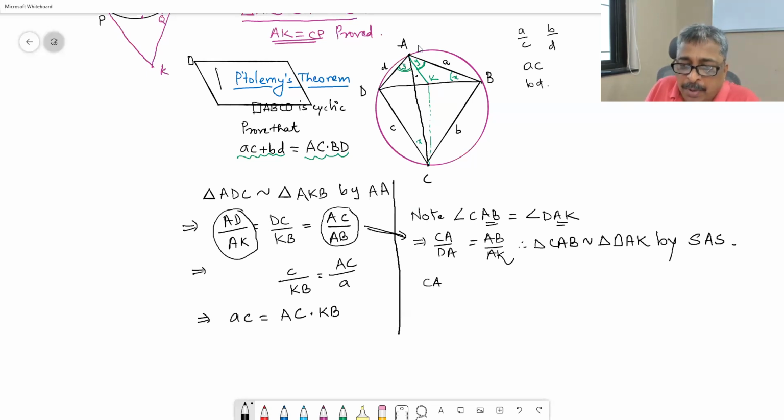So CA upon DA is equal to AB upon AK is equal to CB upon DK. Now CA is CA, DA is small d, and we want small b, which is BC, which is equal to small b upon DK.